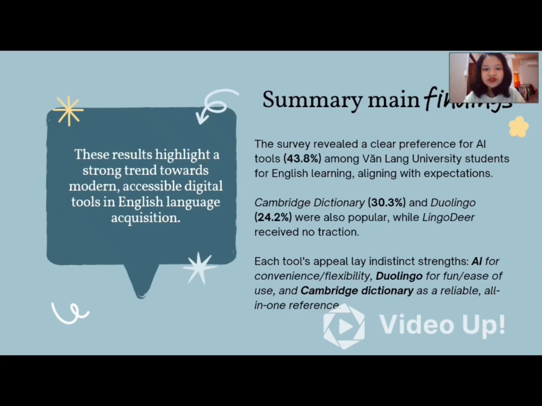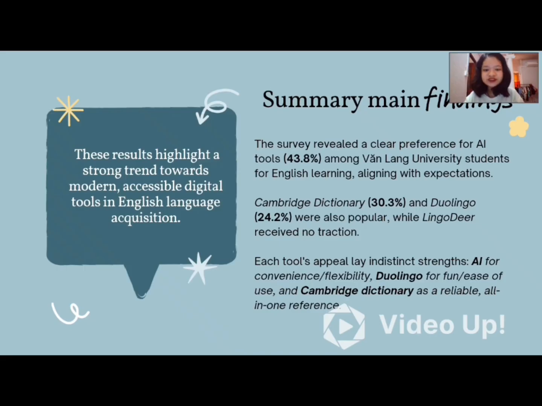First, the survey revealed a clear preference for AI tools, 43.8% among Văn Lang University students for English learning, aligning with expectation.